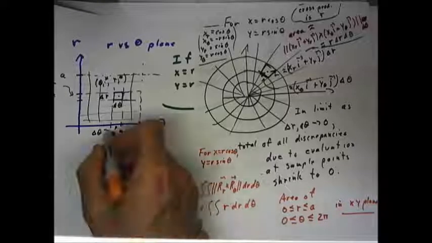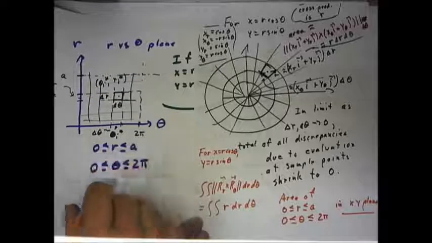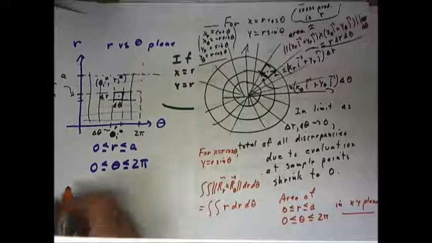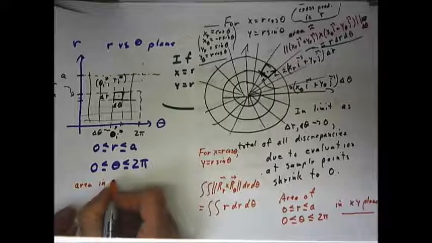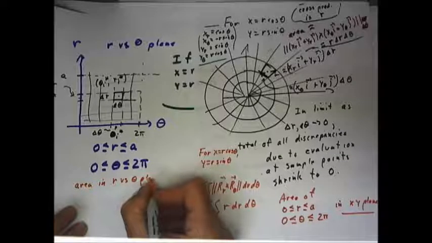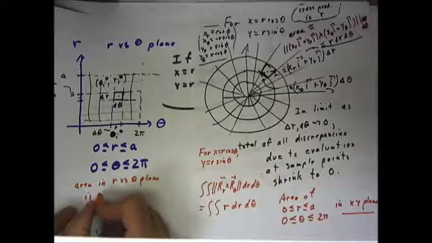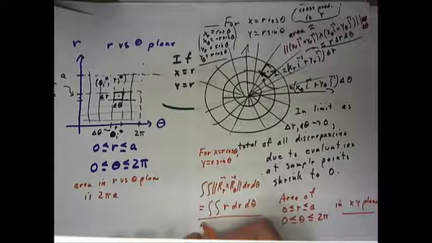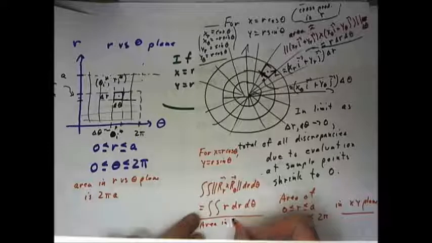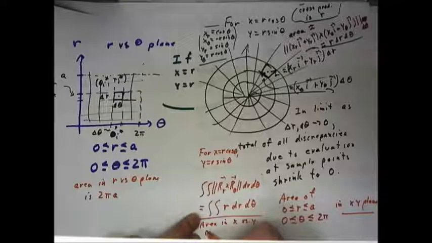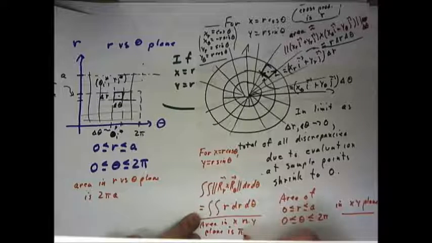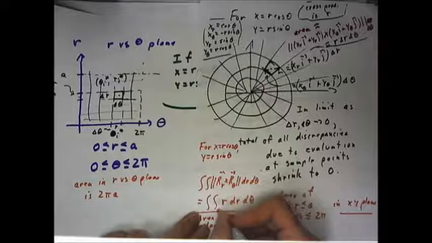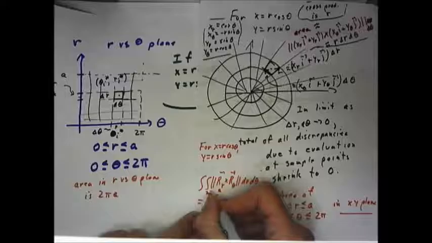I'll just mention, it turns out that if we calculate the area of this region in the r theta plane, we get 2 pi a. Whereas the area in the x versus y plane is pi a squared, as you can verify by taking this integral from r equals 0 to a and theta from 0 to 2 pi.